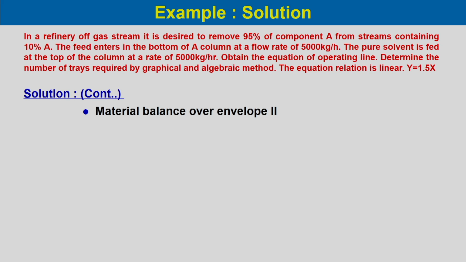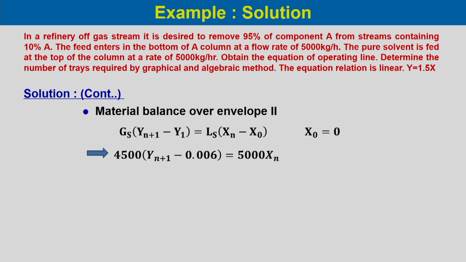Now, if we do the material balance, we get Gs into y n plus 1 minus y 1 equal to Ls into x n minus x naught, for x n and y n plus 1 at any tray inside the column, and here x naught is 0. So, we can get a relation between y n plus 1 and x n.